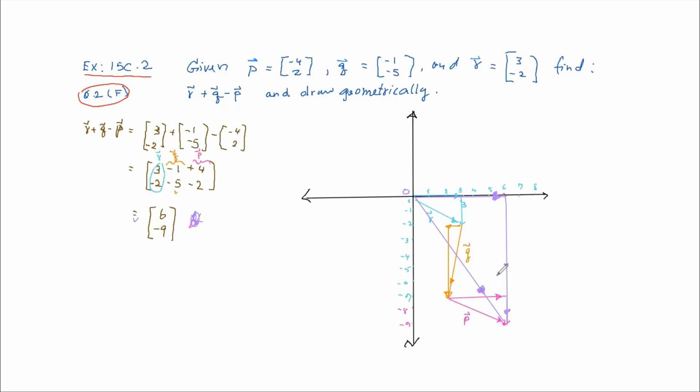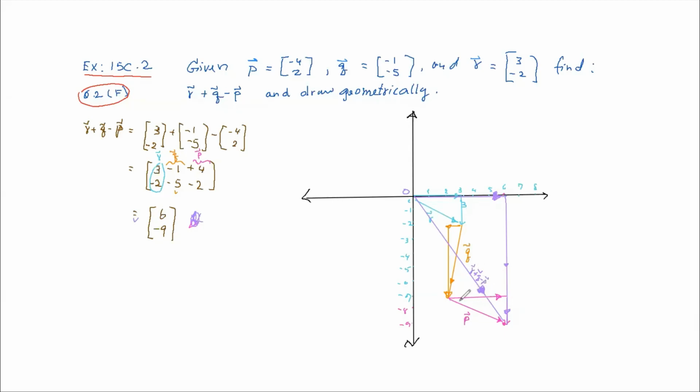For the vector, the purple here is a vector. You can write underneath the picture that the purple here is vector R plus vector Q minus vector P. This is the destination, the final answer.